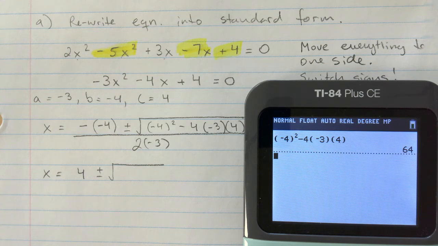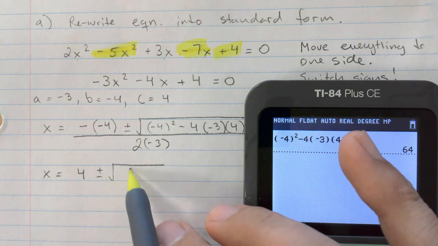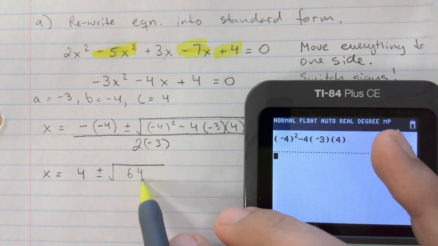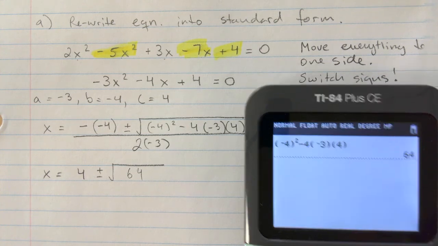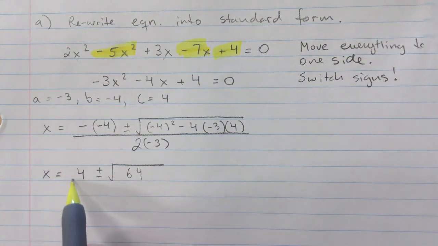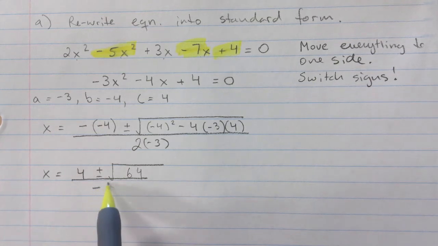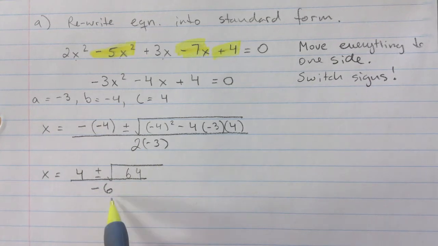And that is 64. Positive. So if you think about it, this would be 16, right? 4 times 4 is 16, times 3 is 48. And then the double negative turns into a positive. So 48 plus another 16 is 64. Okay. So that'd be over negative 6, right? 2 times negative 3 is negative 6.